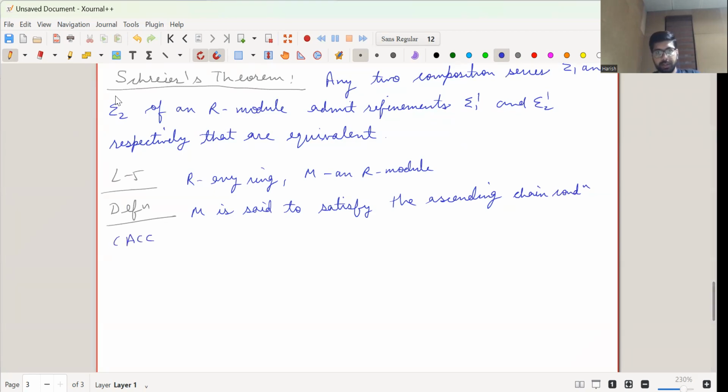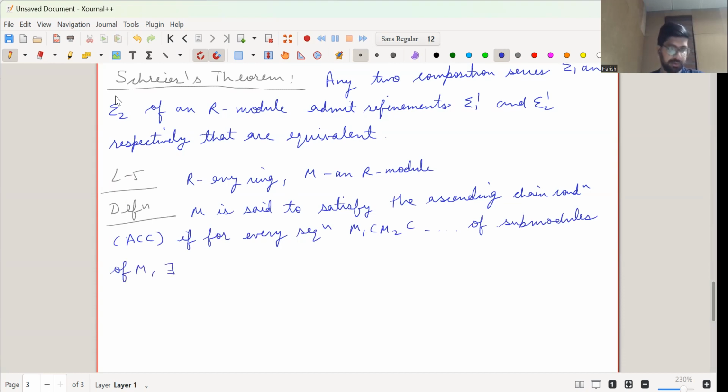that is ACC, if for every ascending sequence of submodules of M there exists some natural number n such that this ascending chain of submodules terminates.